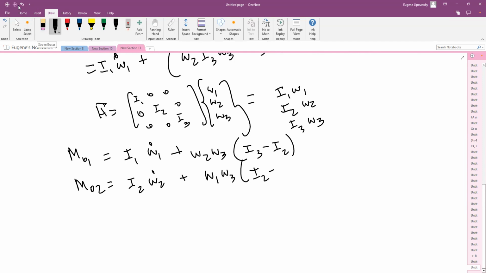Just a second. It can be 1, 3, 2, so 1, 3, 2. Then this one is 2, 1, 3.